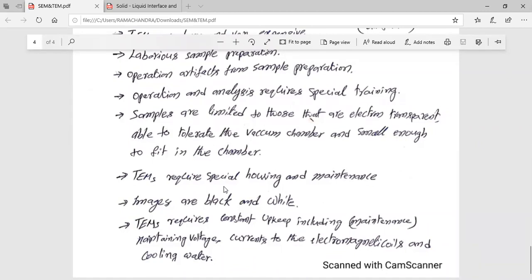TEM requires constant upkeep, including maintaining voltage or current to the electromagnetic coils and cooling water. These are some disadvantages of using TEM for characterization of nanoparticles. These are the two techniques we discussed in today's class, with their advantages and disadvantages.